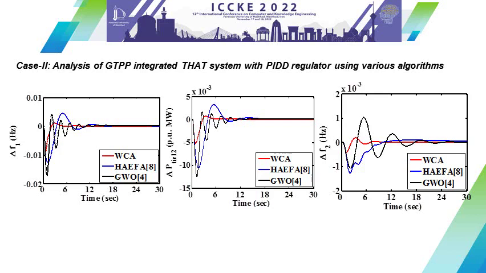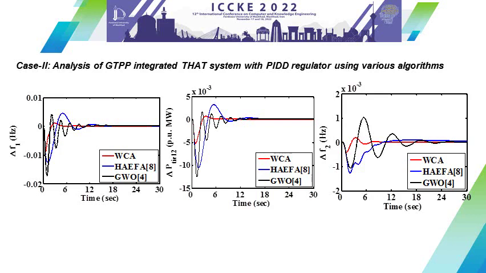Moreover, the PIDD controller has been optimized with various optimization algorithms like WCA, the water cycle algorithm, HAEFA, the hybrid artificial electric field algorithm, and the Grey Wolf optimization algorithm, one after the other. All these algorithms have been utilized with 50 populations for 50 iterations.